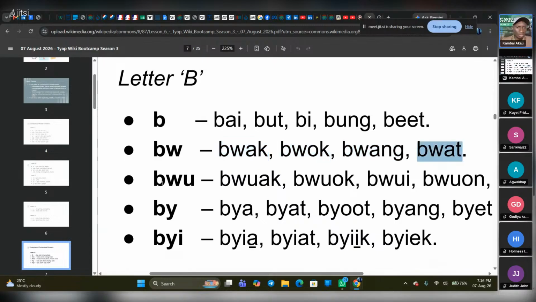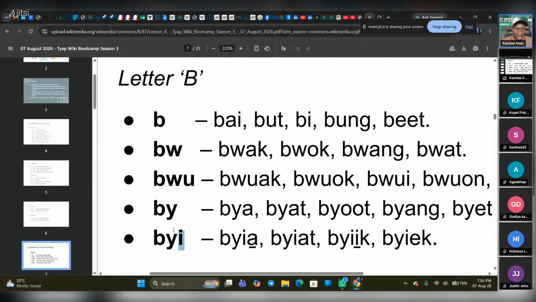Then we have the long version of this BW. This is actually supposed to be BWW, but then I think probably the writers of the orthography didn't want too many consonant sounds present in the words. So the second W was reduced to U, and the same thing for this very one.